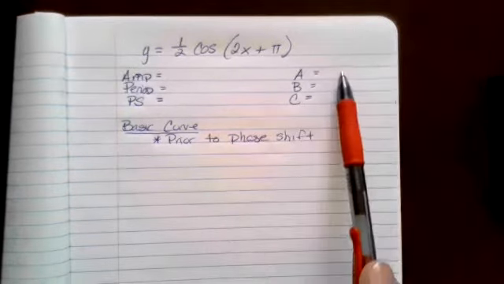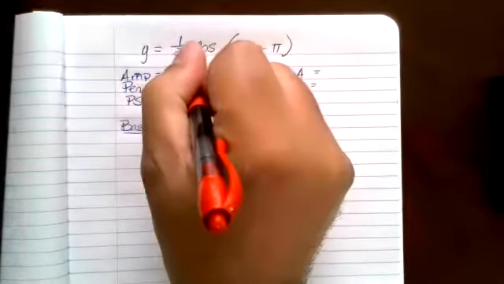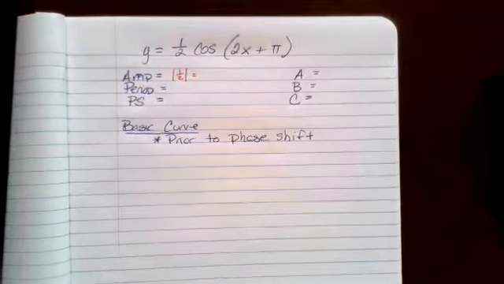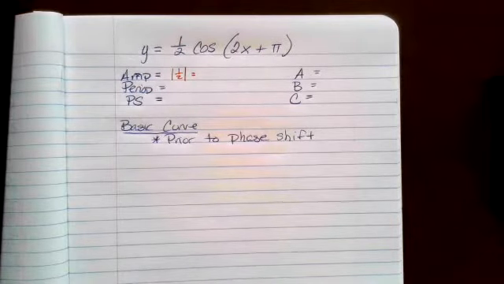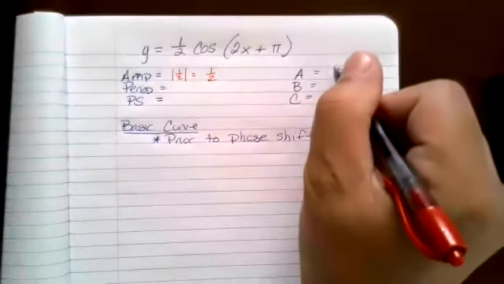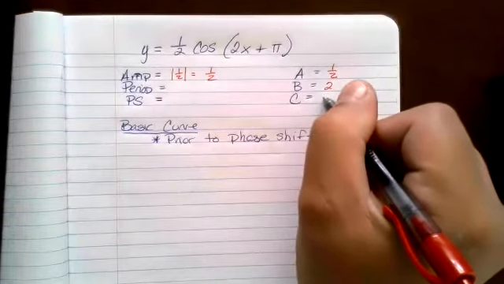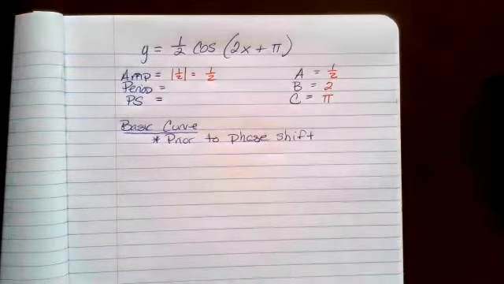Because sometimes your A value is different than your amplitude, right? Because your amplitude is the absolute value of A. So I want to distinguish between the two. So my A, my B, and my C are obviously 1/2, 2, and pi.